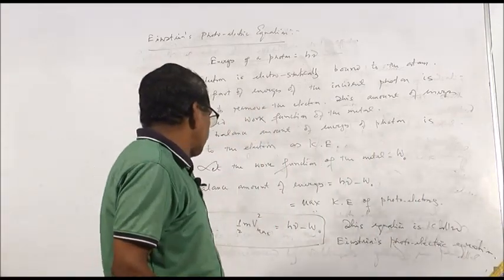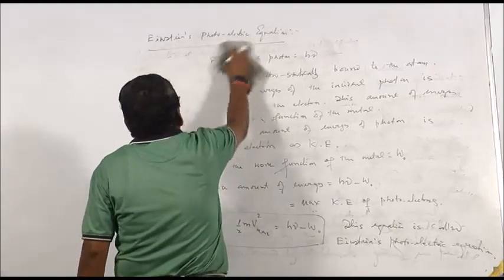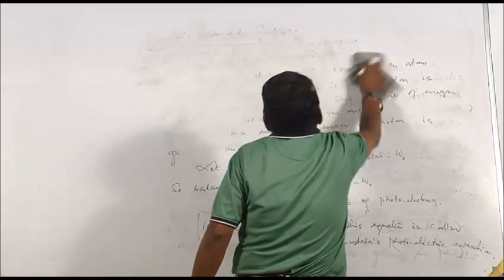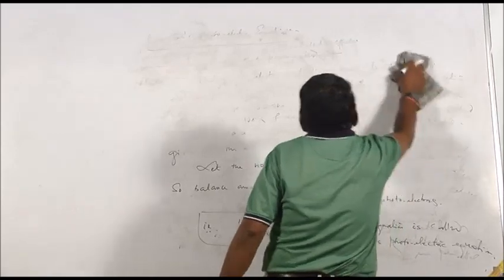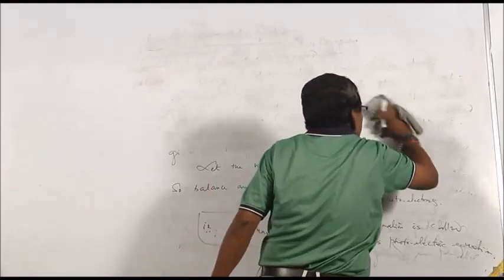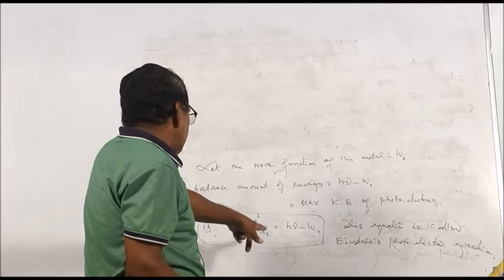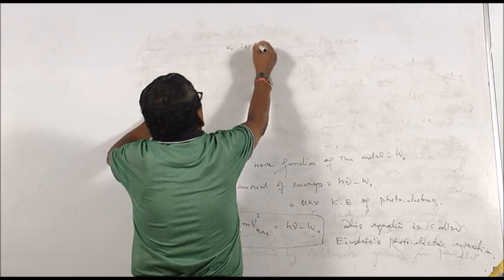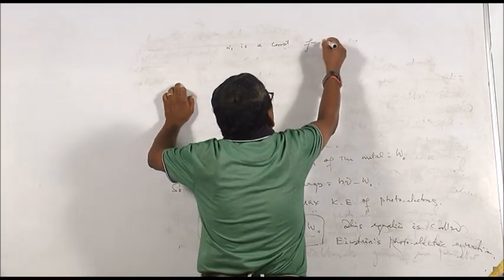Half m V max square is equal to h nu minus W0. Now look at the equation. h is a constant, and W0 is a constant for a photosensitive material.